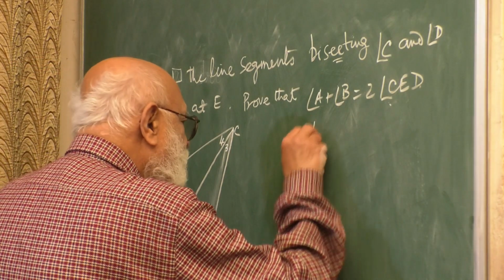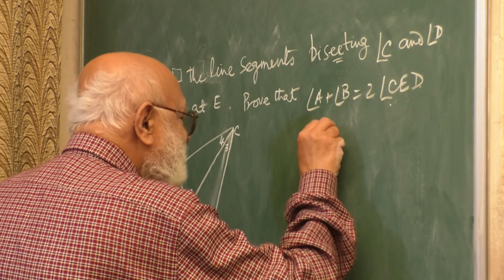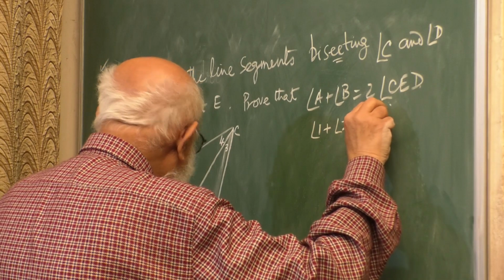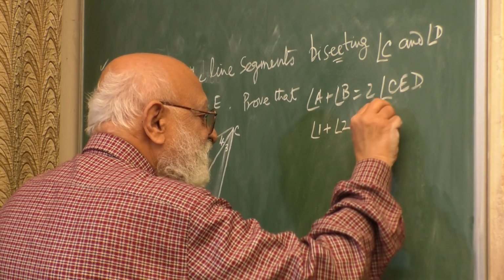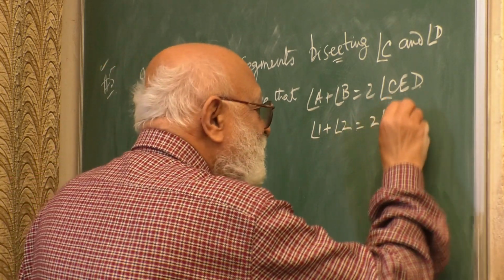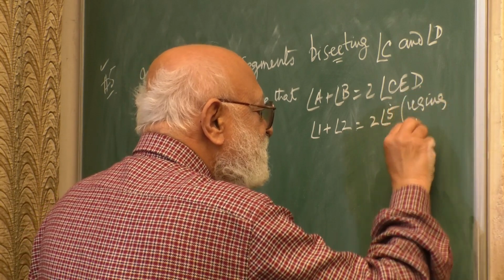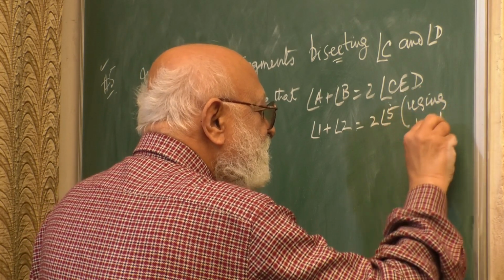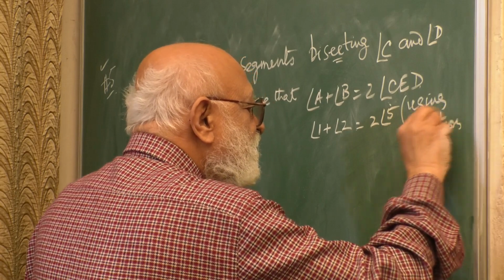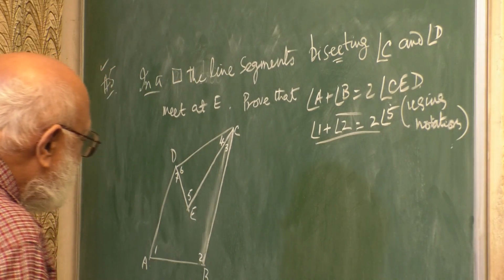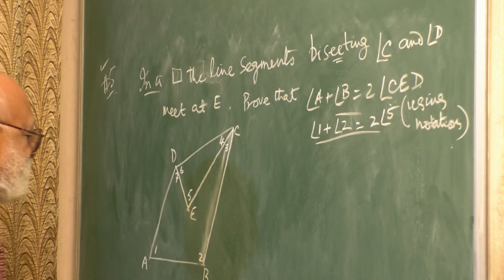We have to prove angle 1 plus angle 2 is equal to 2 into angle 5. This is what I have to prove. Let's see how I prove this.